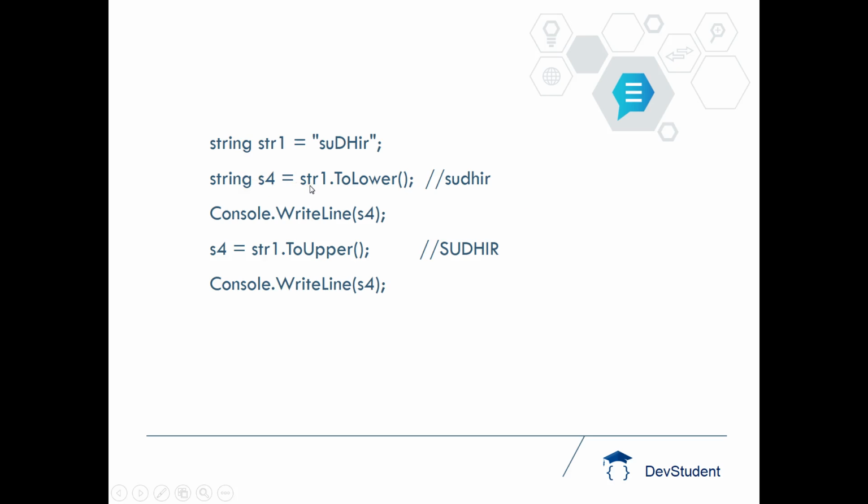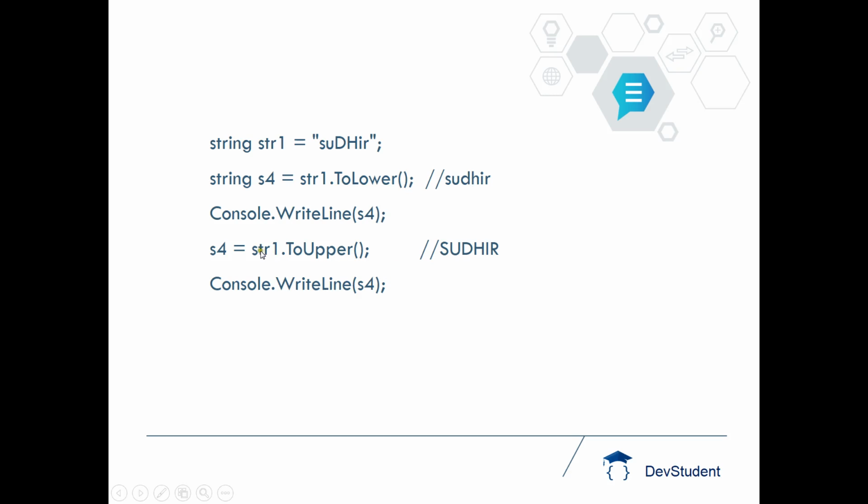In that I am converting the value inside string str1 to lowercase and placing it into S4. str1.toLower is the method which is converting the text inside str1 to lowercase, and the output looks like this. It's all in lowercase. To print the text you can use Console.WriteLine of S4. The text inside S4 is now in lowercase letters and you can see the output looks like this.